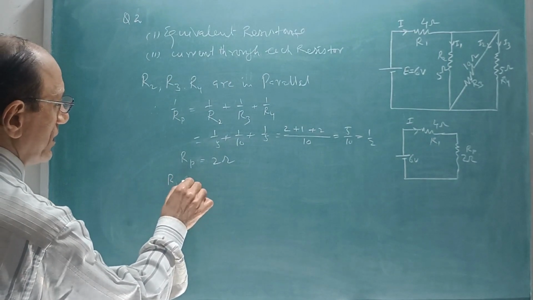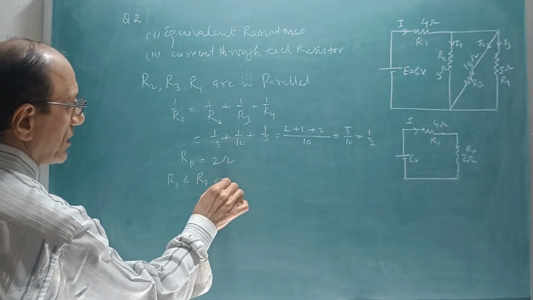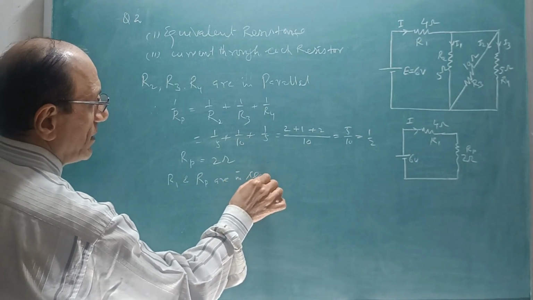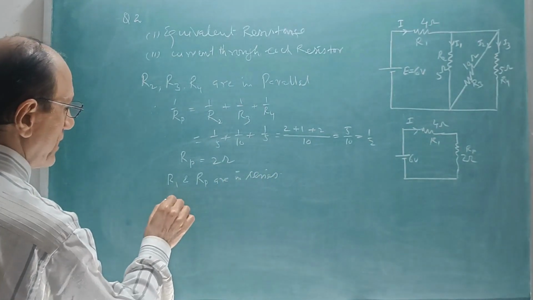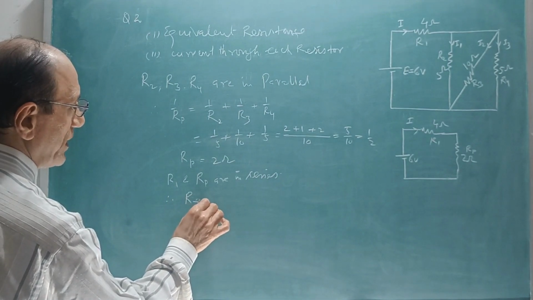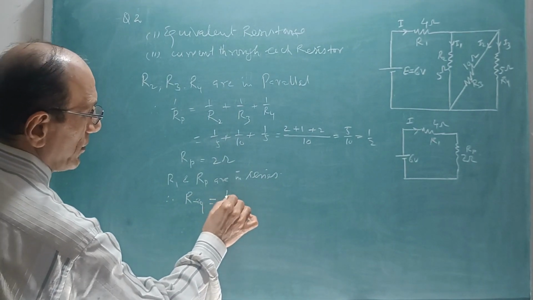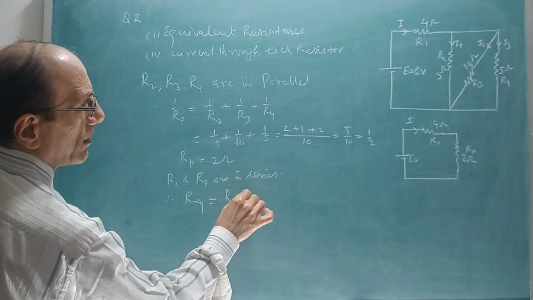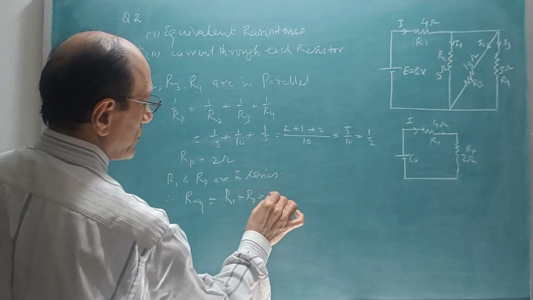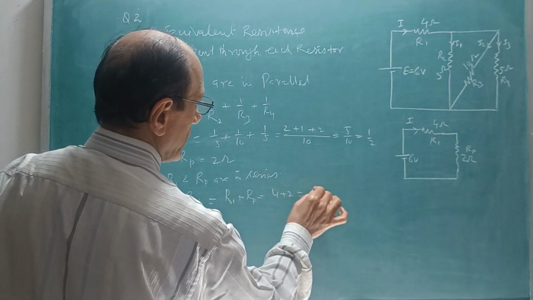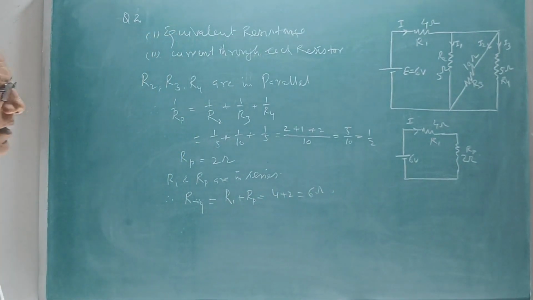Therefore, R equivalent will be equal to R1 plus R parallel, that is 4 plus 2, that is 6 ohm.